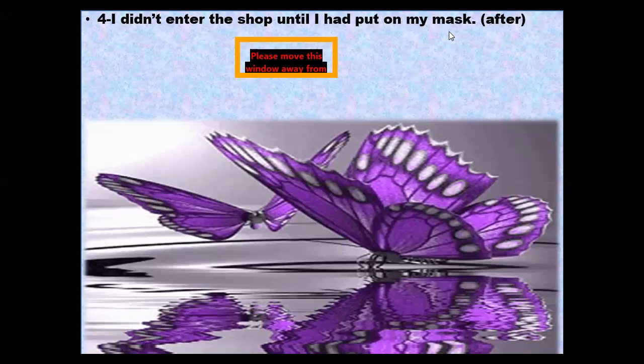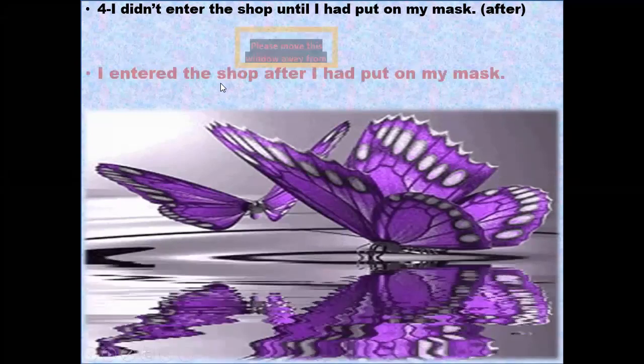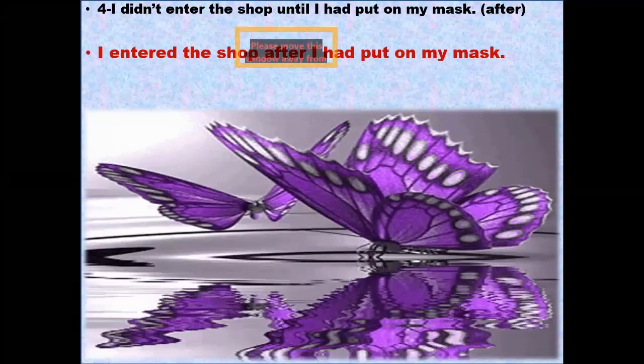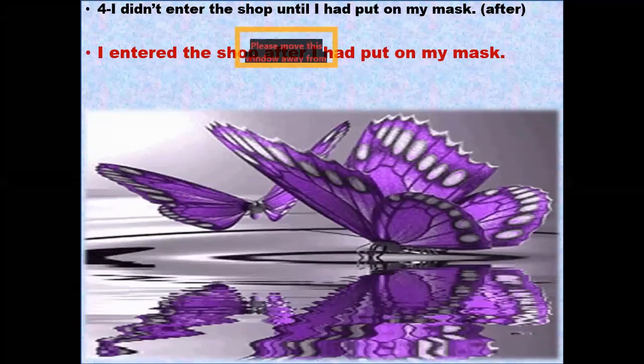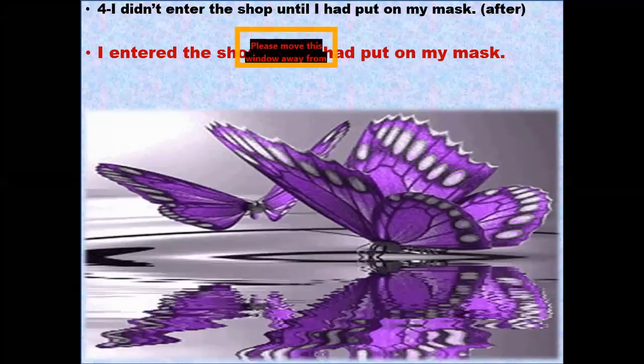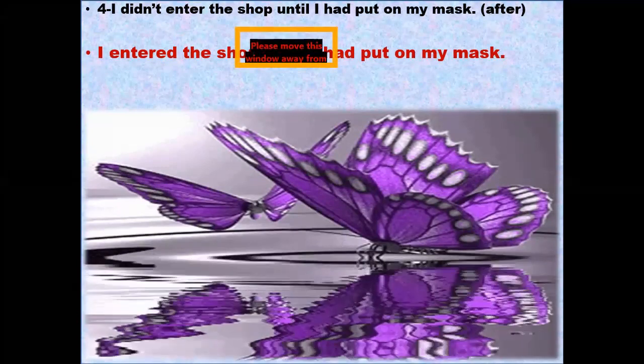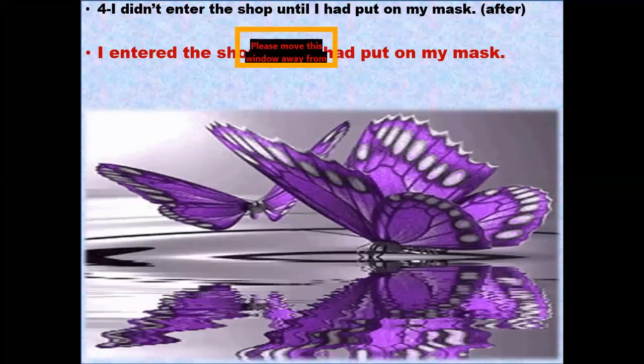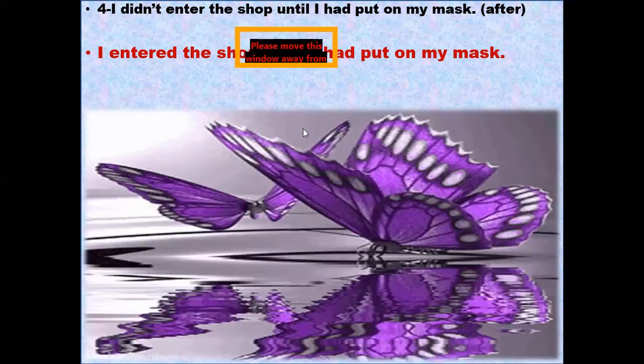After I had put on my mask, I entered the shop. Excellent. After is followed by the first action, which is in the past perfect tense. You can put after in the middle: I entered the shop after I had put on my mask, or after I had put on my mask, I entered the shop. They are the same.